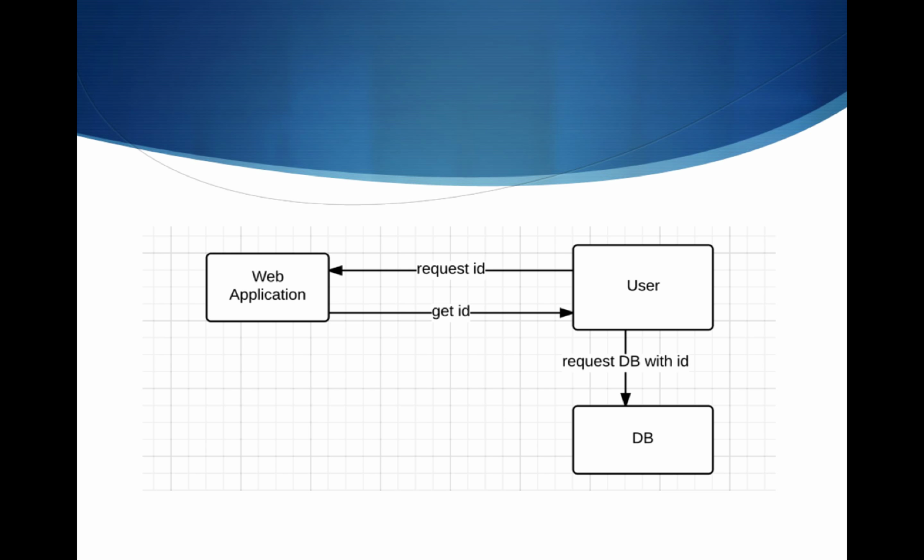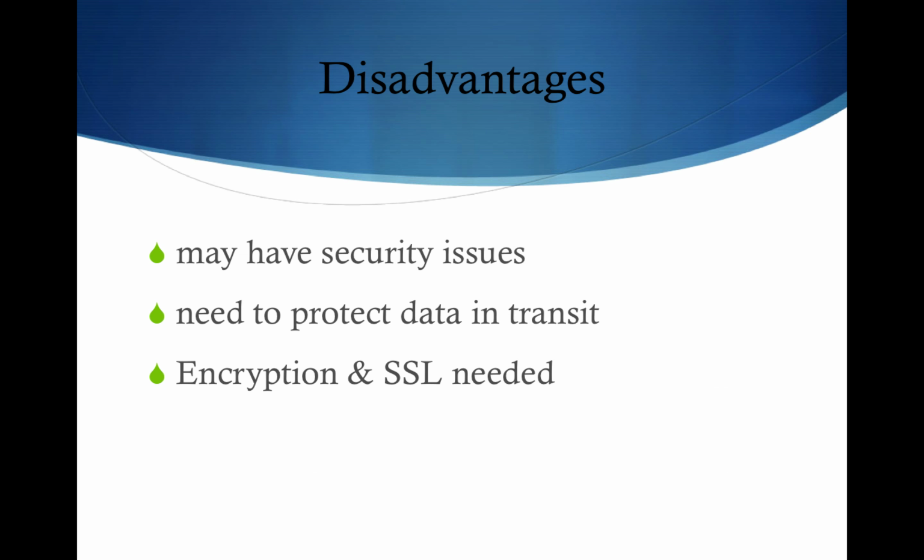So for web applications, the users request the web application, and the web application provides an ID, and using that ID, they can access the DB. The disadvantage is that when there is a very secure application, when a high level of security is needed, you need to protect the data. So encryption and SSL have to be maintained for highly secure data.